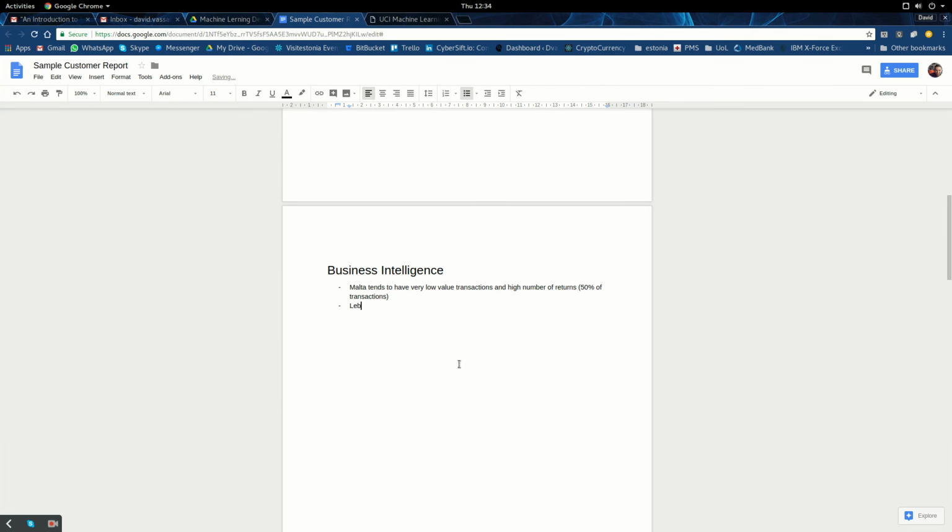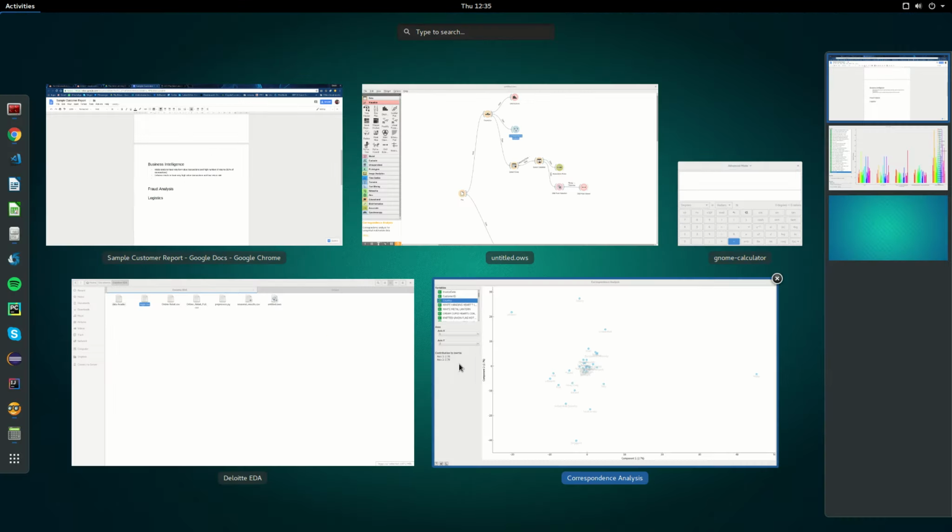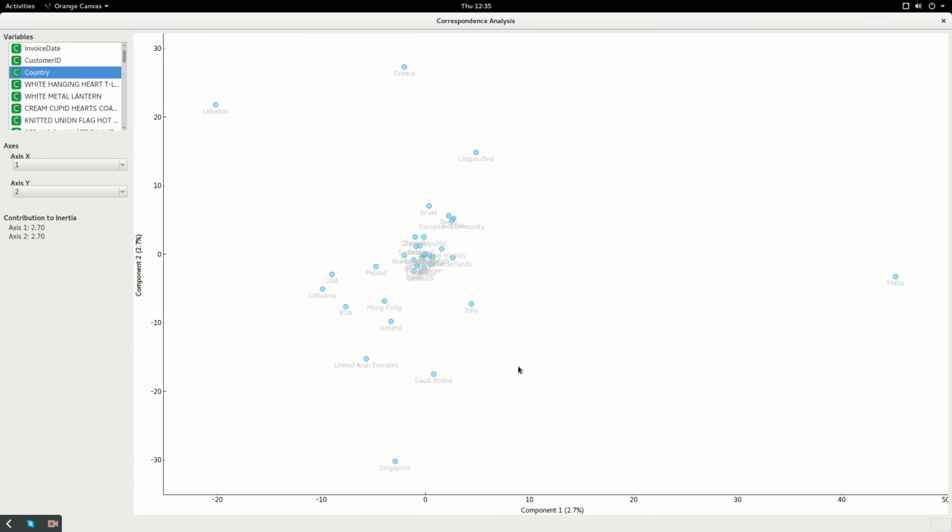So Lebanon tends to have very high value transactions and low return rate.